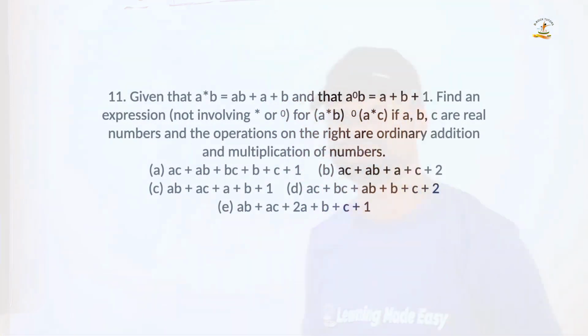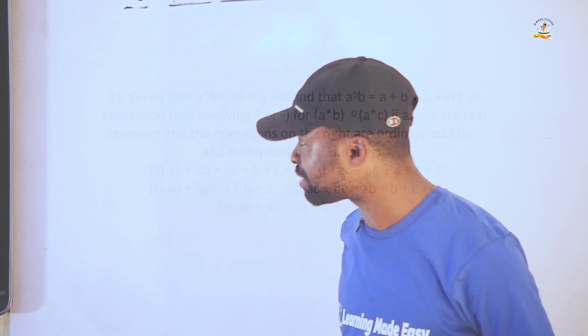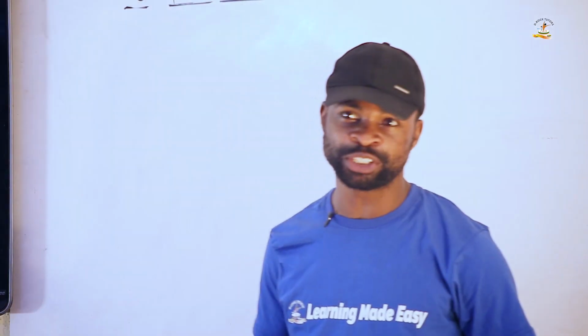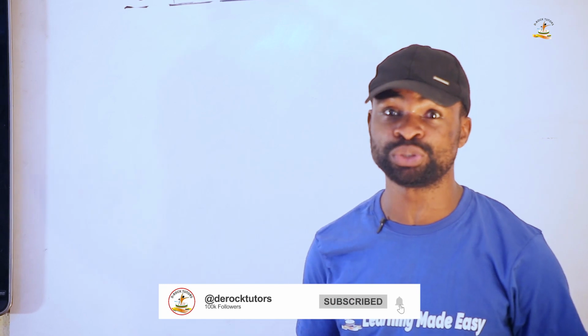If you look at this question number 11, you would understand that it is not on matrices, but this particular question is from binary operations. And when you are talking about binary operation, quickly let me introduce you to it.